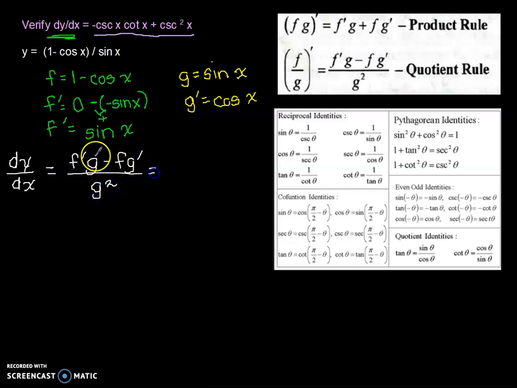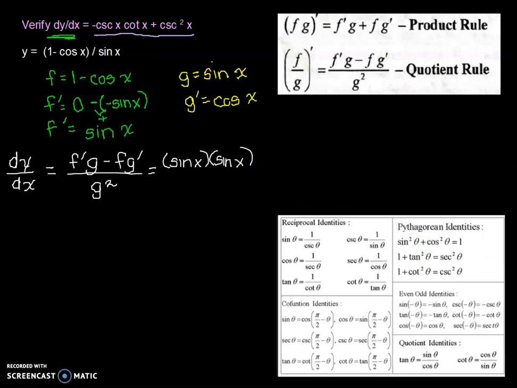Substituting: f prime is sine of x, multiplied by g, which is also sine of x, and then subtracted by f, which is 1 minus cosine of x, times g prime, which is cosine of x, all over g squared.